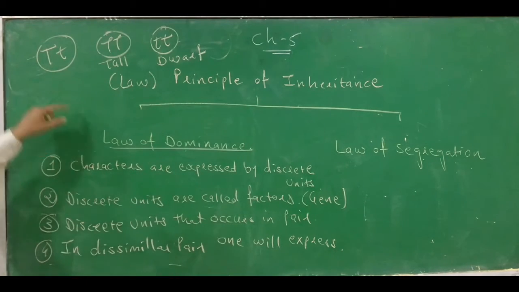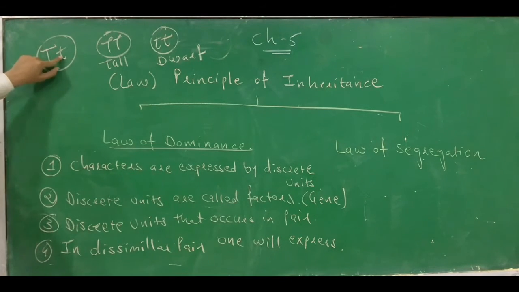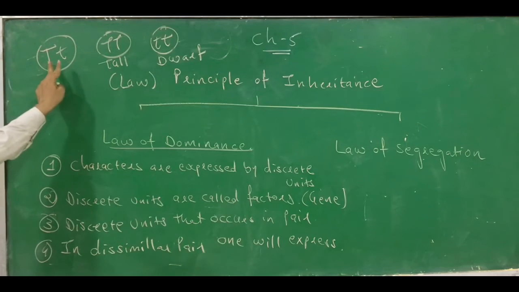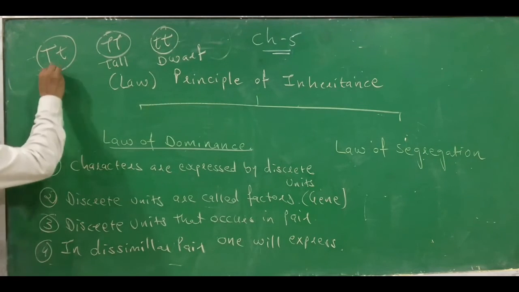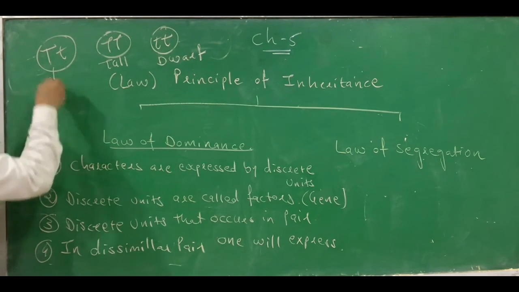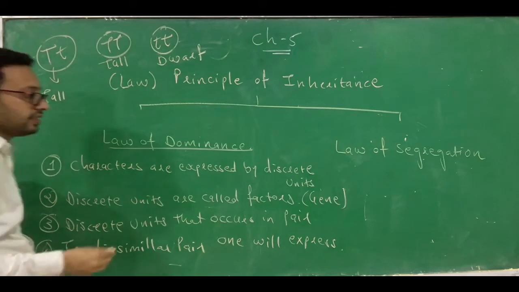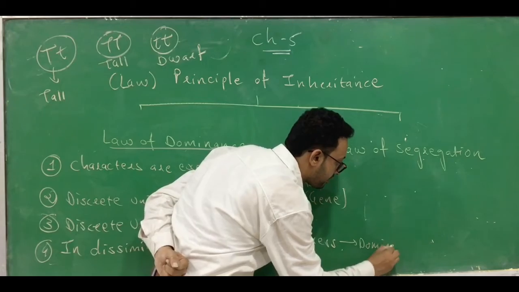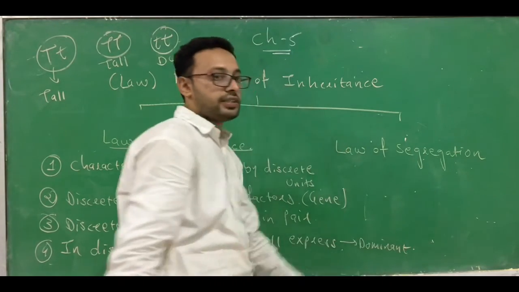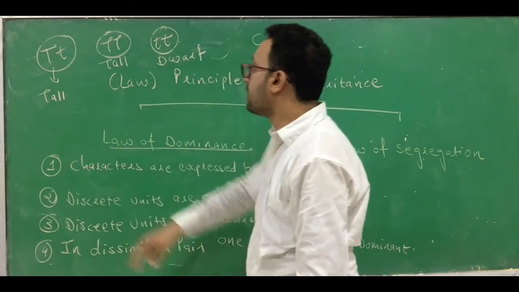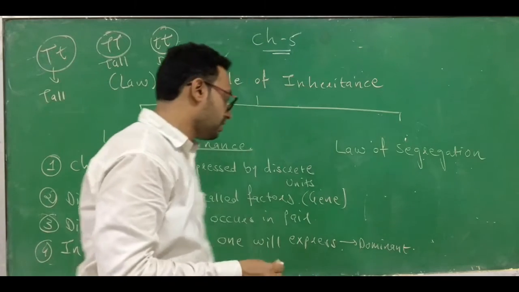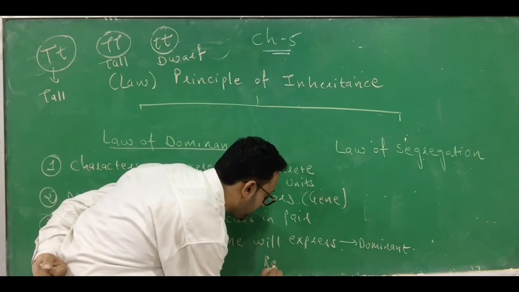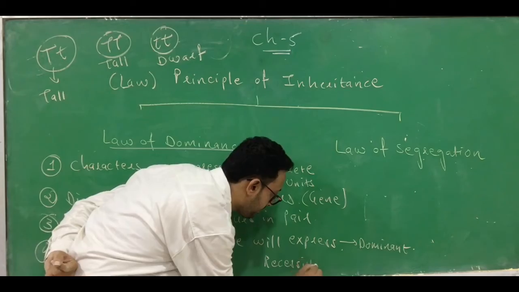Capital T, small t, dissimilar: from these two, only one will express, and here the tall is expressing. Okay, clear? The one that expresses, we are calling it dominant. And the other one which is not expressed, we are calling it recessive.